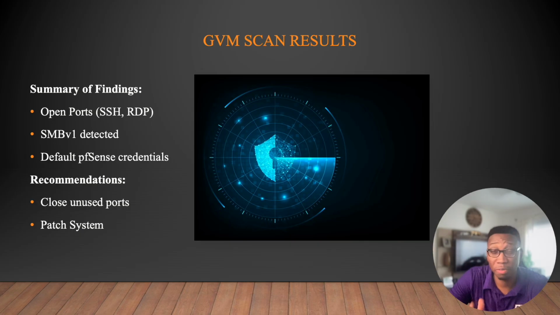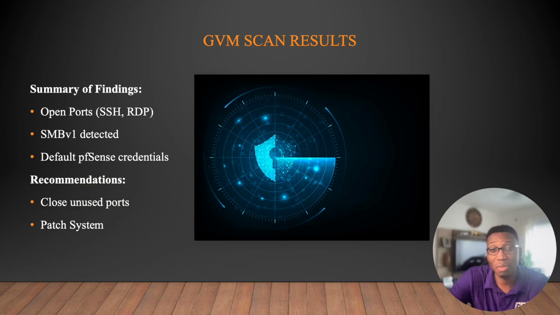The results were very telling. Across my scans, GVM found 110 total vulnerabilities on 5 hosts. Notably, I discovered that some systems were running older protocols like SMBv1, which are known to be insecure. Open ports like SSH and RDP were also identified, which could allow attackers to gain unauthorized access if not properly secured.